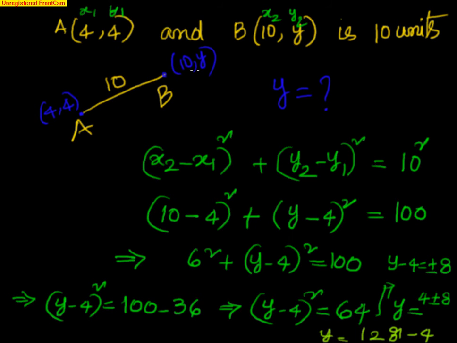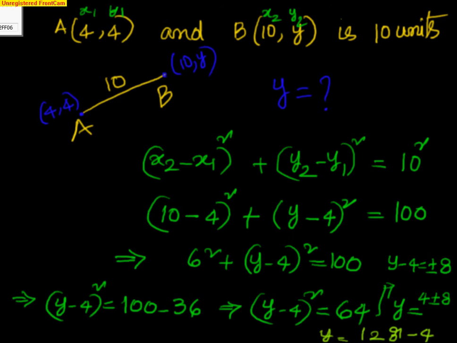So that's nothing but 64 plus 36. What I am saying, if you take the value of y as 12, 12 minus 4 whole square plus 10 minus 4 whole square, if you take the square root of them, you will be getting the distance as 10.